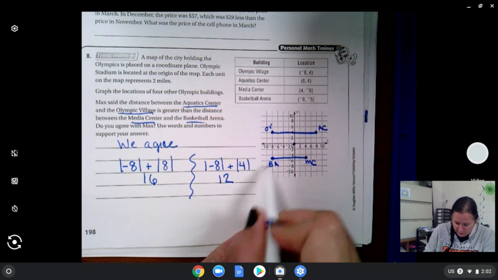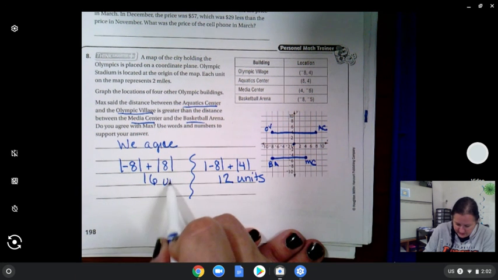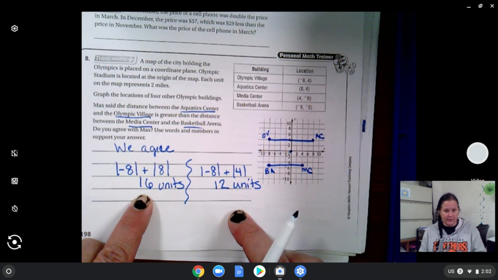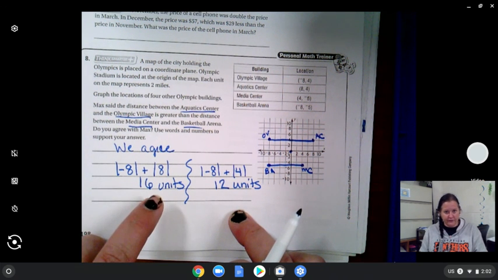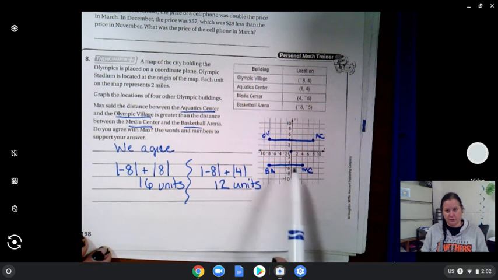So these two are 12 units apart, and these two are 16 units apart. So 16 is greater than 12. That is why we agree. So the Aquatic Center and the Olympic Village is a greater distance, further apart, than this distance, which is closer together, a lesser distance apart.